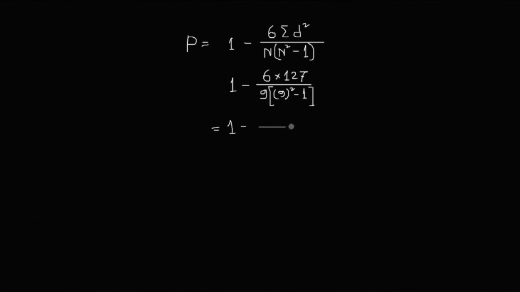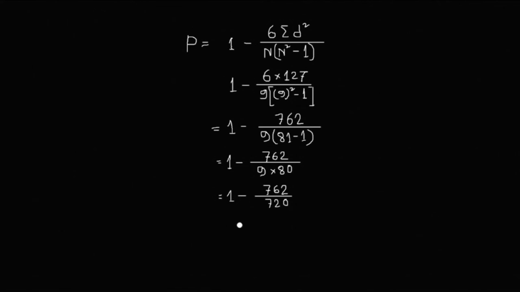So 1 minus 6 into 127 is 762, over 9 square, 81, minus 1. So 1 minus 762 by 9 into 80, which is 1 minus 762 divided by 720. 762 divided by 720 is 1.05, and rho equals 1 minus 1.05, which is -0.05.